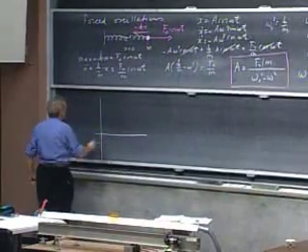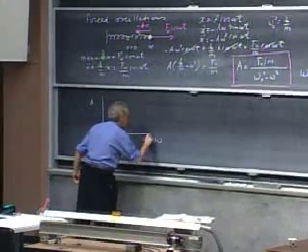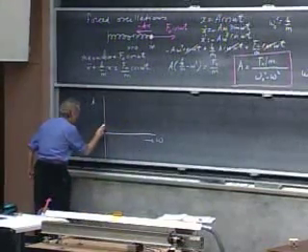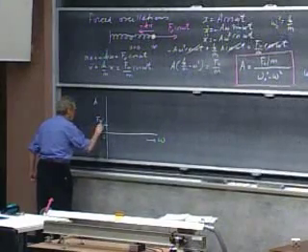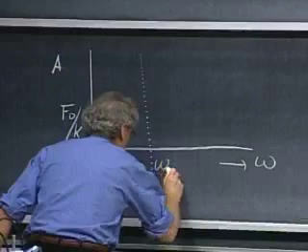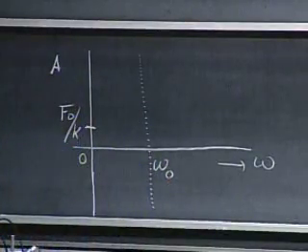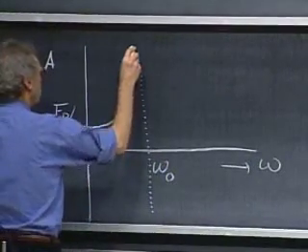of the amplitude versus frequency omega, then at low values, I have here F0 divided by k as the amplitude. When I hit the resonance frequency, the natural frequency of the system, it goes out of hand, goes to infinity.